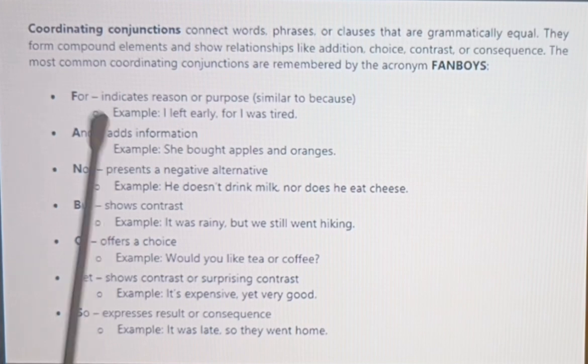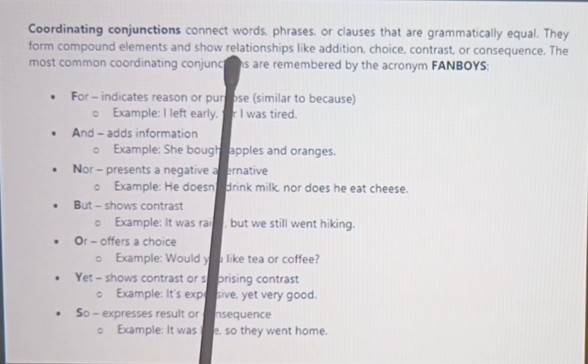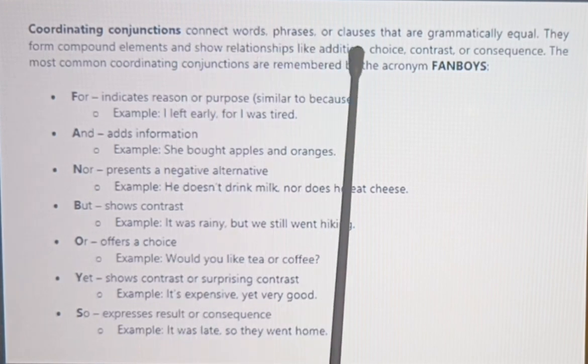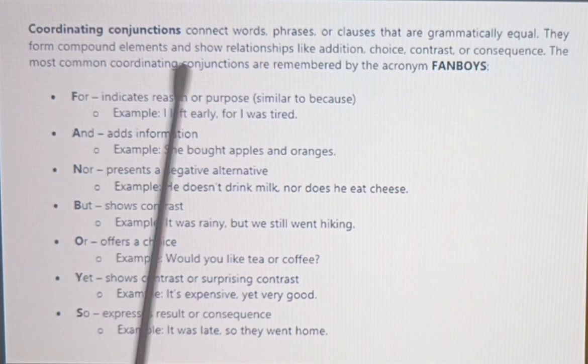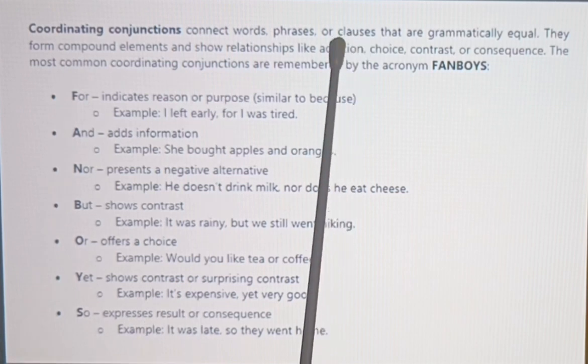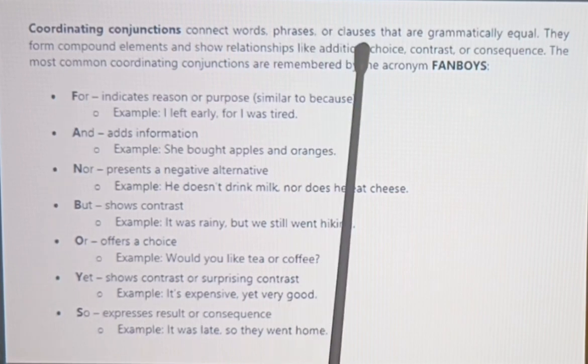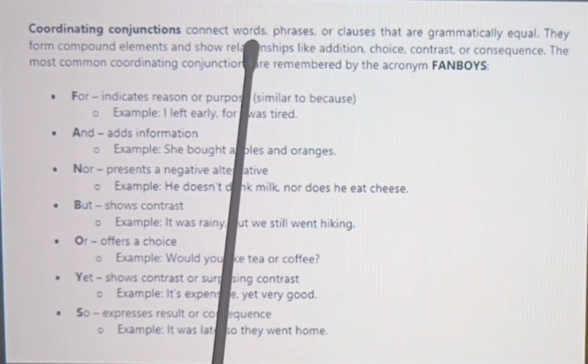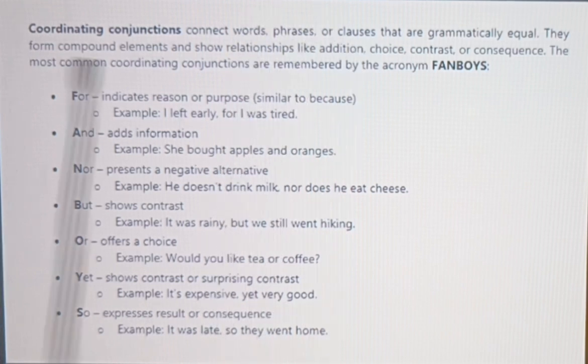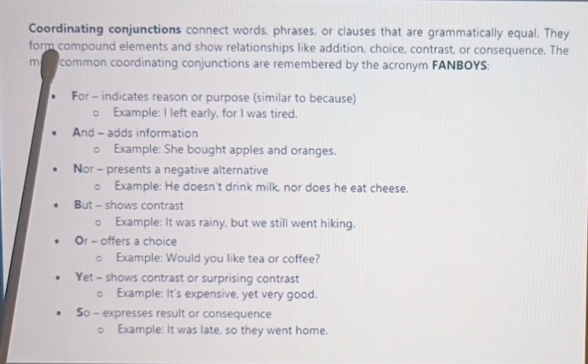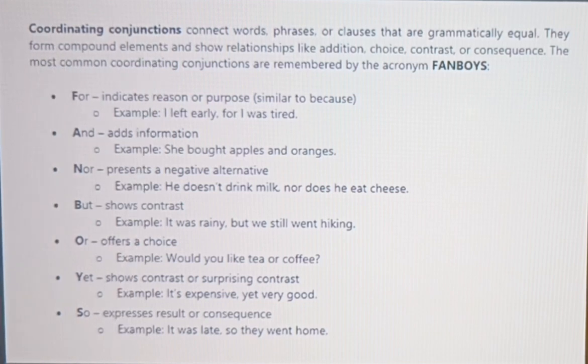We use these functional words or phrases to connect words, phrases, or clauses that are grammatically equal. In other words, if we are dealing with clauses, in fact, we are dealing with what? Independent clauses. The list of words or phrases within a sentence, we can connect them via coordinating conjunctions. And normally they come under the three major categories of and, but, and or.